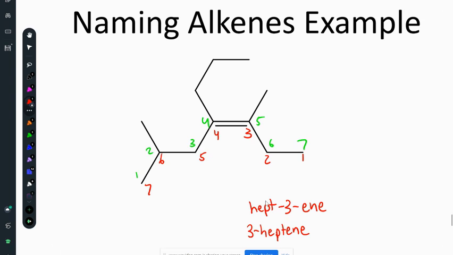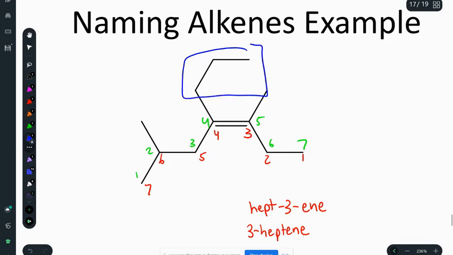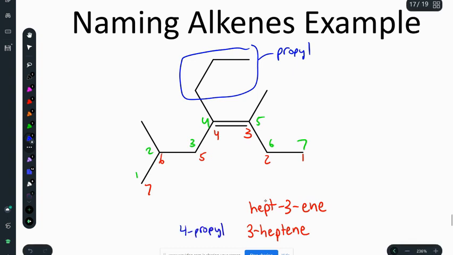Then I would name the substituents. So it looks like coming off of carbon 4 here, I have a propyl group. So 4-propyl-3-heptene, or 4-propylhept-3-ene. And then I have methyl groups coming off of carbons 3 and 6.